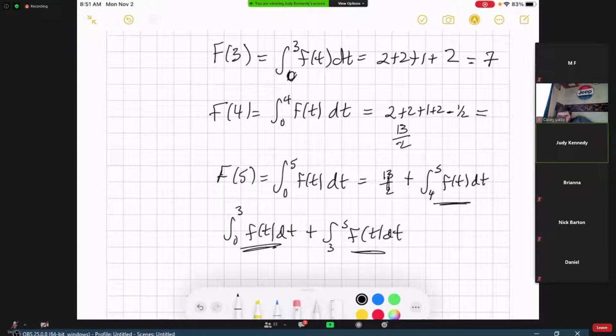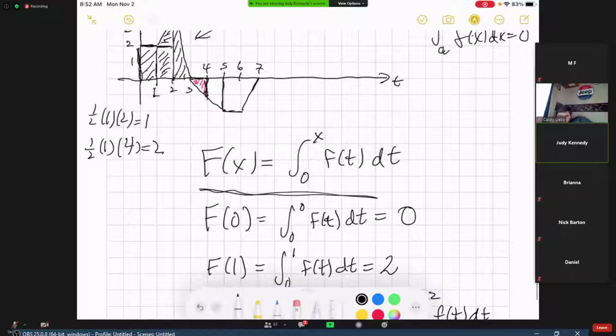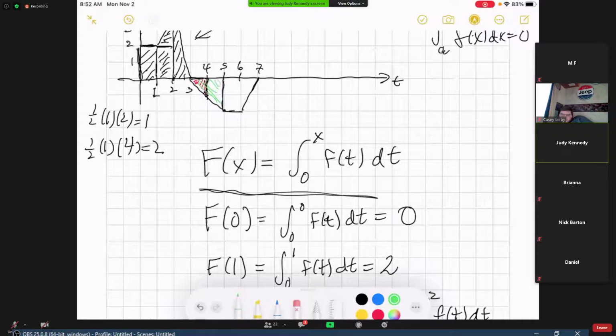So that would be 3 to 5, and then 7, because that's where I was at 3. So this would be 7 plus, and then this integral would be negative the area of this green triangle.